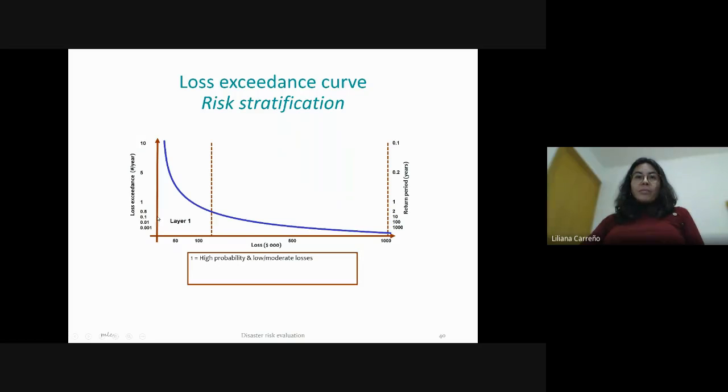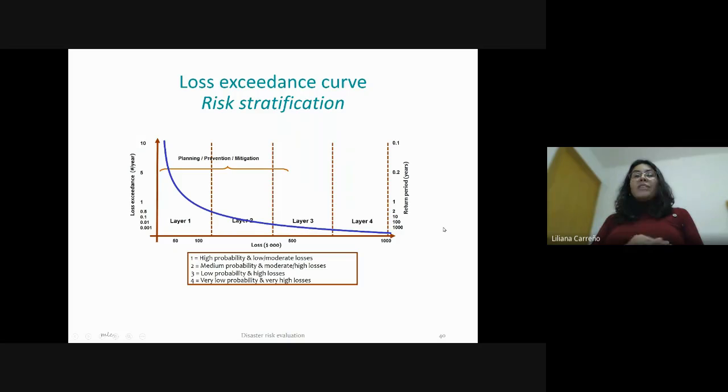For example, a layer with high probability and low to moderate losses here, or a layer with medium probability and moderate to high losses, another layer with low probability and high losses, and very low probability and very high losses.